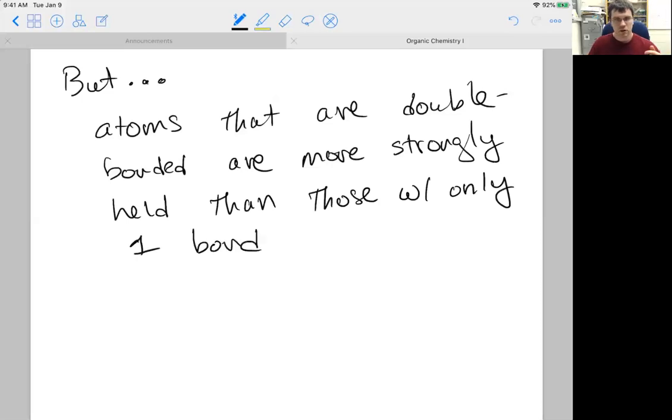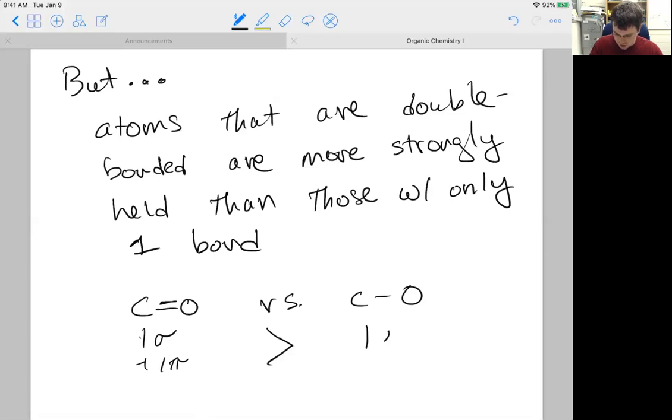If we're looking at a carbon-oxygen double bond versus a carbon-oxygen single bond, the combination of 1 sigma plus 1 pi is greater than 1 sigma plus 0 pi. So if you have a pi bond, it's going to strengthen how tightly held the atoms are, and they'll actually decrease in bond distance to reflect that. It's just that that additional bond wasn't as strong as the first.